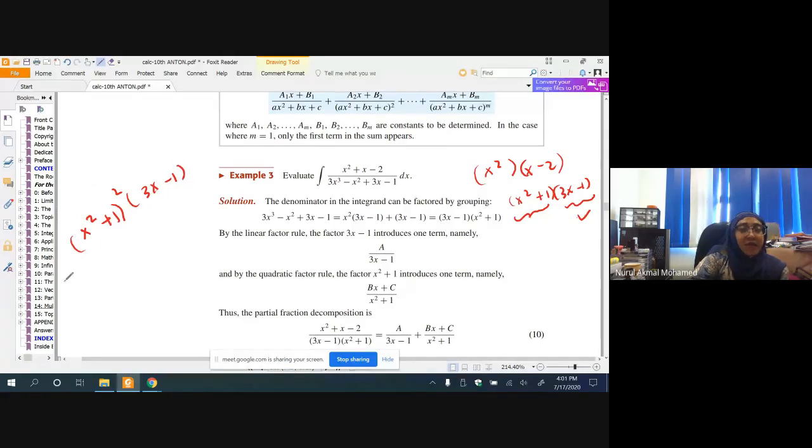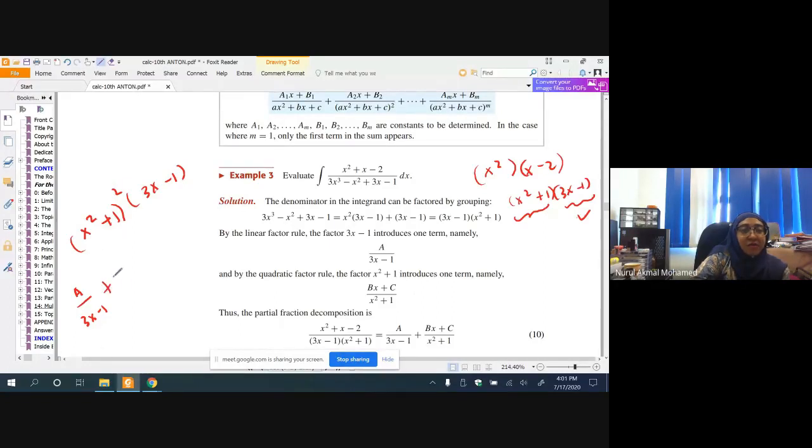So this part is okay. The coefficient will be a divided by 2x minus 1. But for this one, here you have x squared plus 1, and this is also not linear.